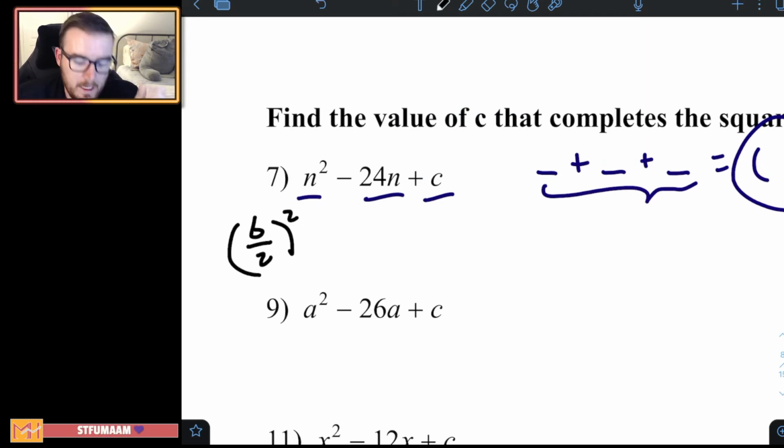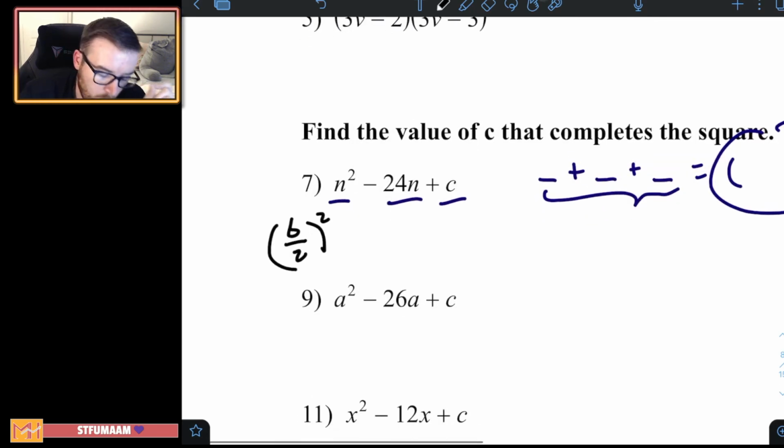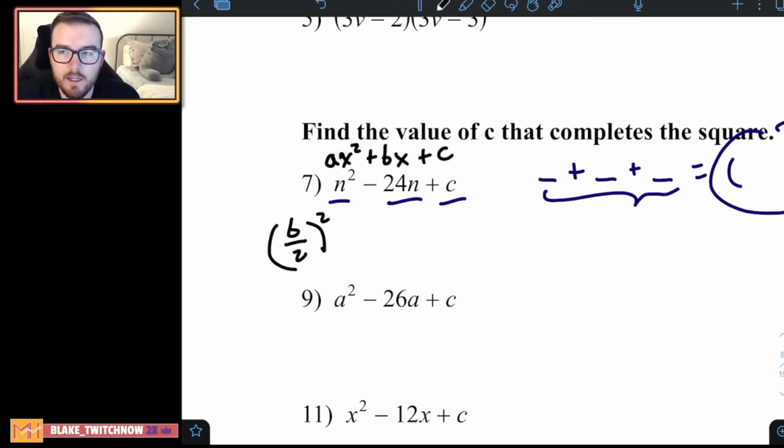So what do we mean by b over 2 squared? Well, the standard form for a trinomial is ax squared plus bx plus c. So those coefficients: this little invisible 1 here, b is negative 24, and then there's c.